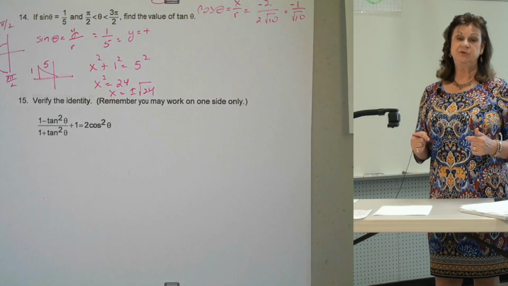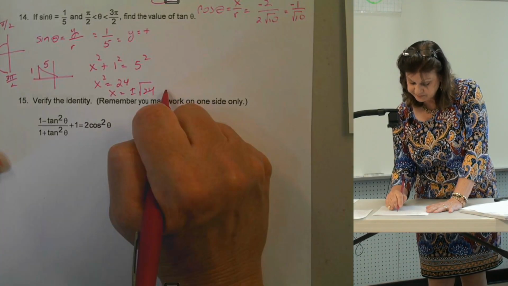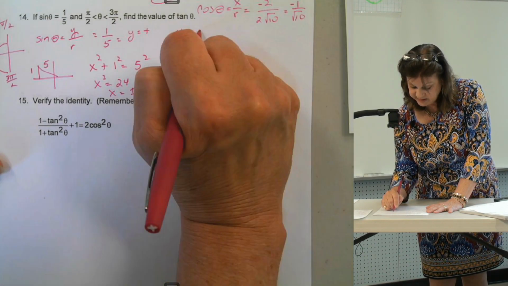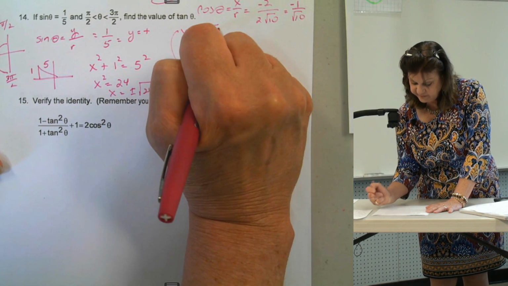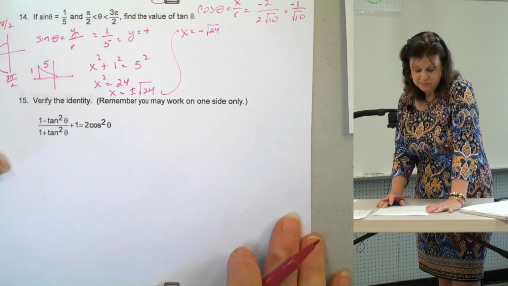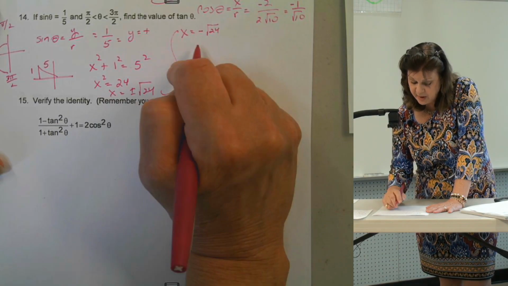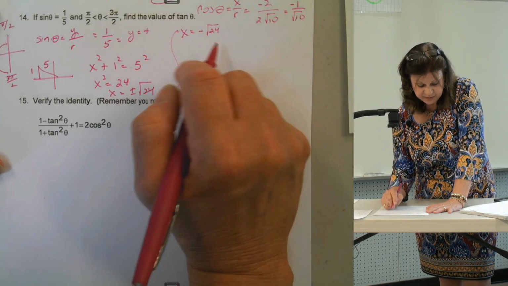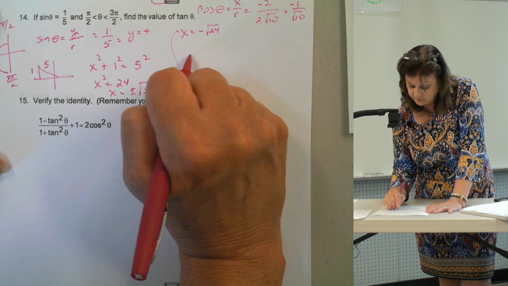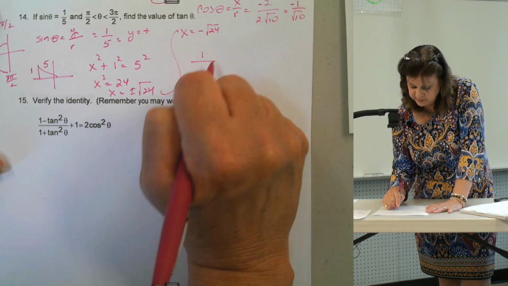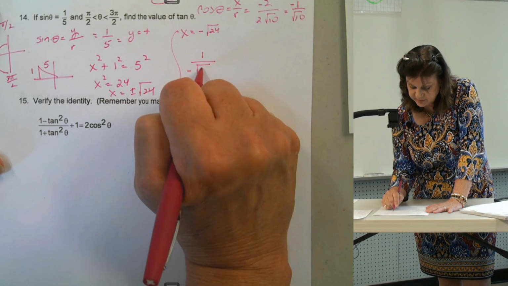I'm in quadrant 2. X has to be negative. So x is negative root 24, or 2 root 6. It doesn't matter to me how you write that out. So my tangent value is going to be 1 over negative root 24.